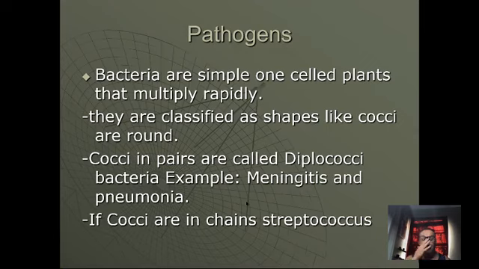All right, so how these bacteria are arranged creates a pathogen itself. If we have two cocci together, that equals diplococci, an example being meningitis and pneumonia. So when you get pneumonia, all you got is just two little cocci coming together, little circles.